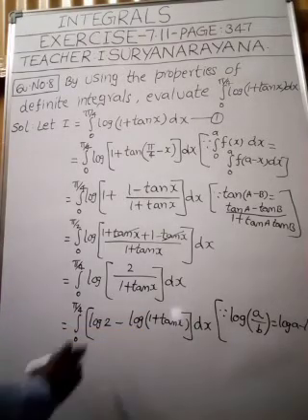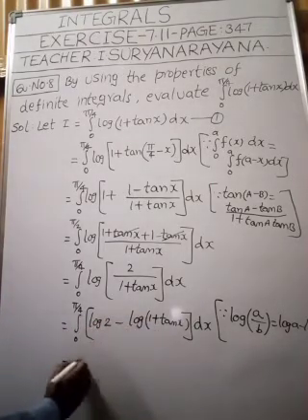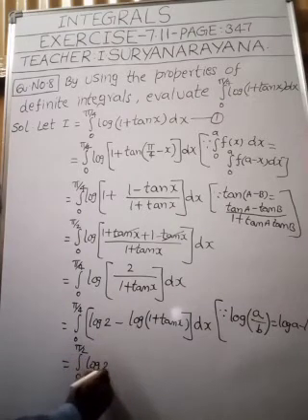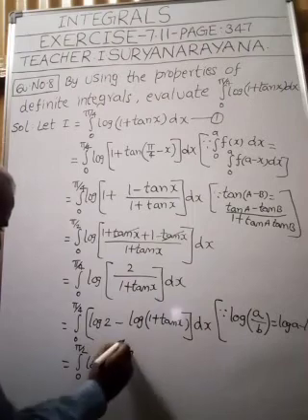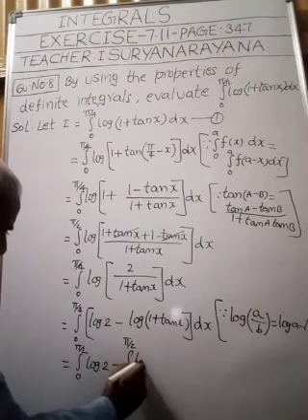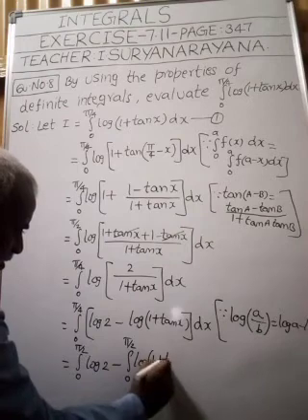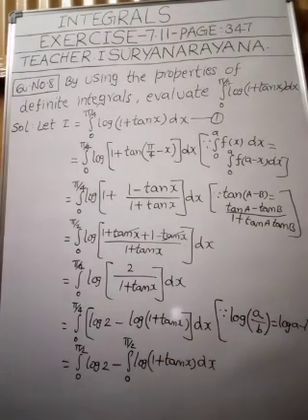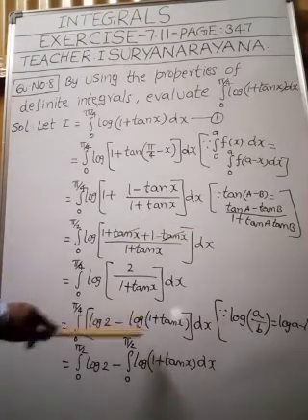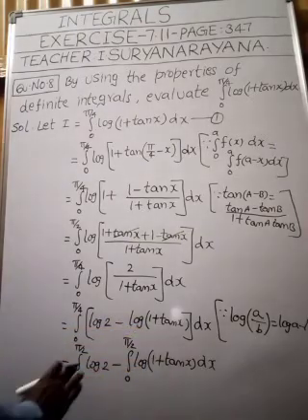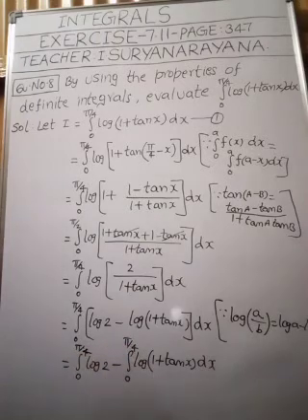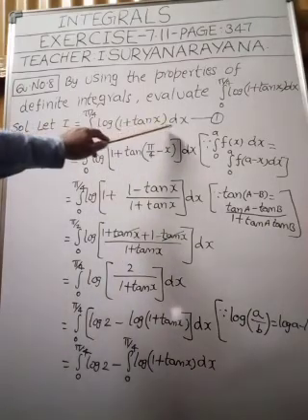Right. Now let us split into two integrals. That is equal to integral 0 to pi by 4 log 2 minus integral 0 to pi by 4 log of 1 plus tan x dx. We have split it into two integrals. Okay, my children? If you observe this second term, it is nothing but integral 0 to pi by 4 log of 1 plus tan x dx.